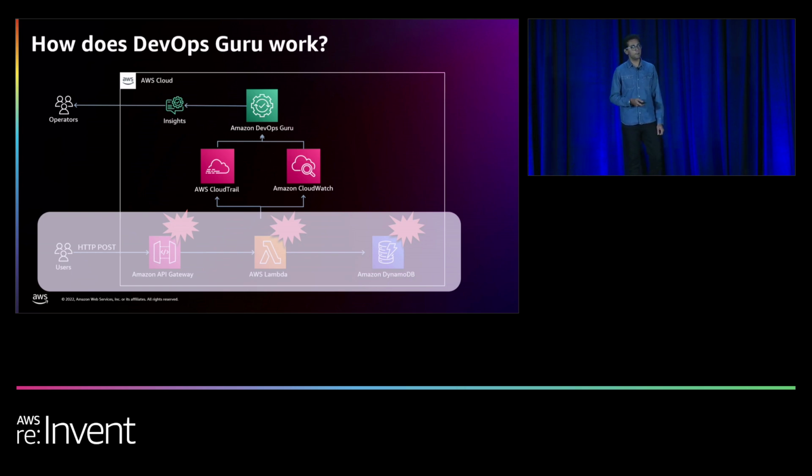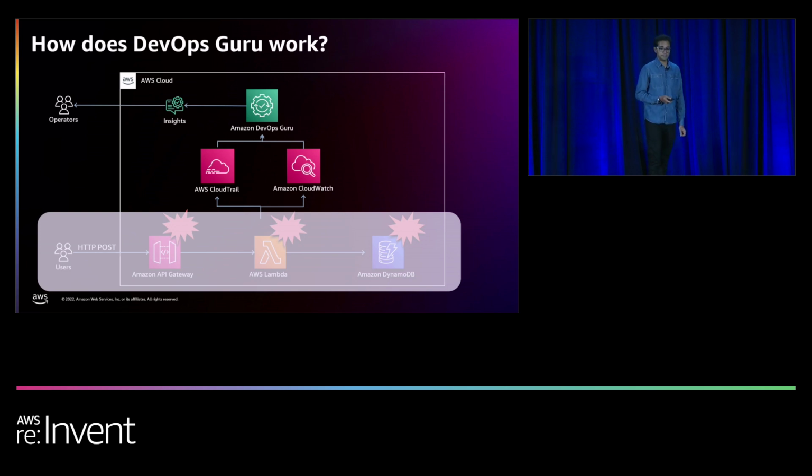It monitors your application by ingesting operational data coming from Amazon CloudWatch and CloudTrail. In this example, DevOps Guru checks the relevant events on CloudTrail and compares them with the operational metrics from CloudWatch. Based on this data, when it detects an anomaly, it creates an insight, which presents the relevant metrics so the operator can quickly find what was the root cause of the incident.